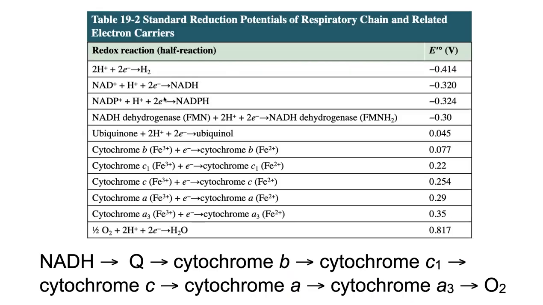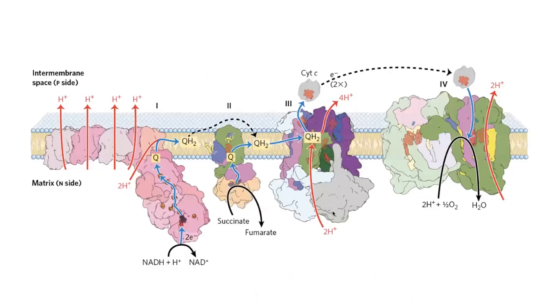So we'll see these different molecules be used, things like our cytochromes, so our proteins that hold on to one of those heme groups and that holds on to the iron. We'll see our ubiquinone. We'll see oxygen ultimately, and we will see this NAD and the FAD. All of those are going to come into play in our electron transport chain.